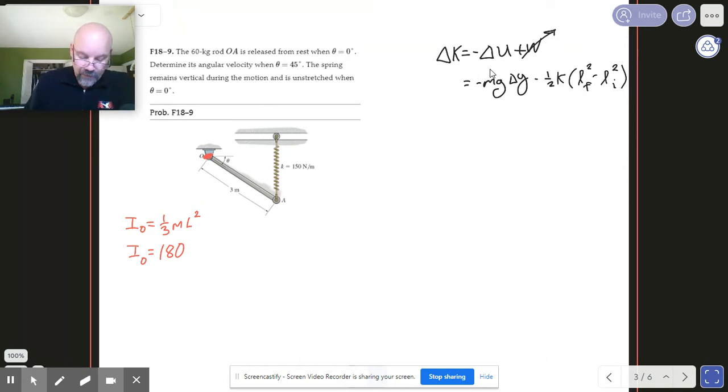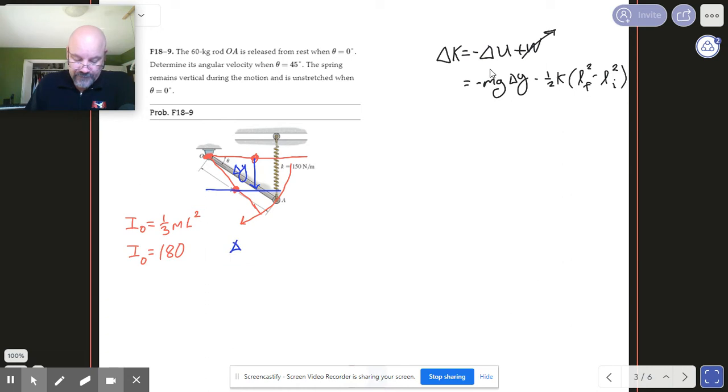The rod originally is in this position here, and we are interested in when it gets down to 45 degrees. So this thing's rotating down that way, which means that the center of mass has gone from up here to down there. So there's our delta Y from one level to the next. It's right in the center of the rod, and so you can work this out. The geometry is super basic.